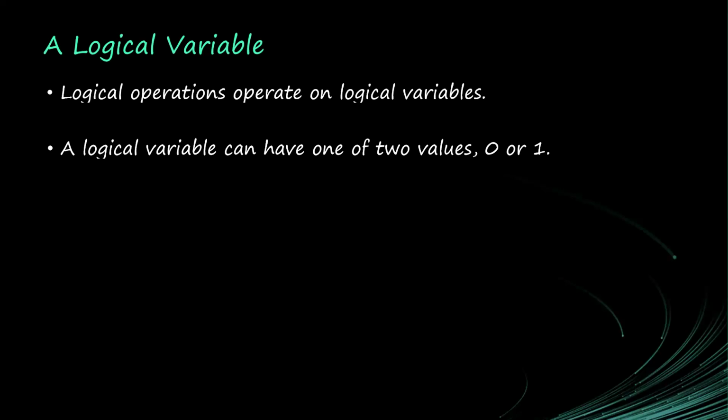From the angle of logical variables, 0 is false and 1 is true. From the bitwise operation angle, 0 is 0 and 1 is 1, binary values. Most programming languages actually have this, and we are going to understand it better.